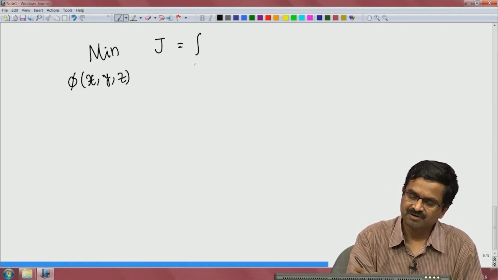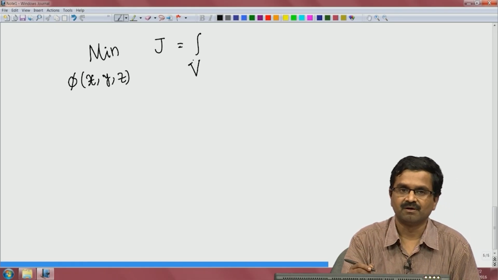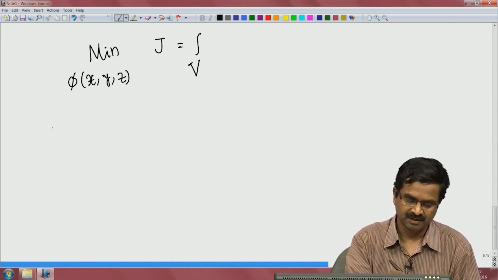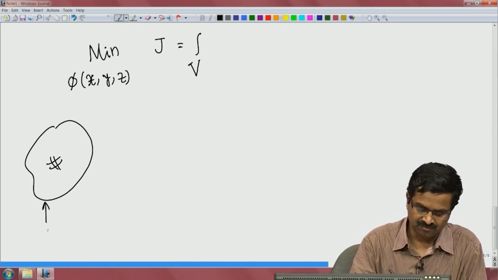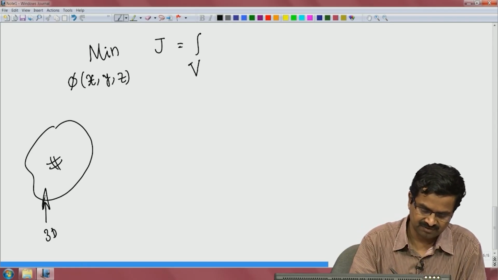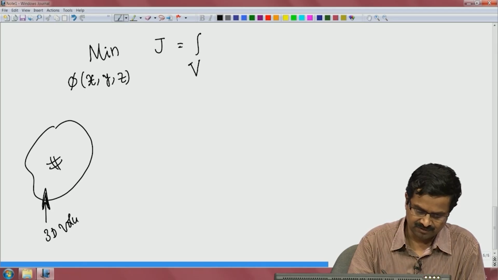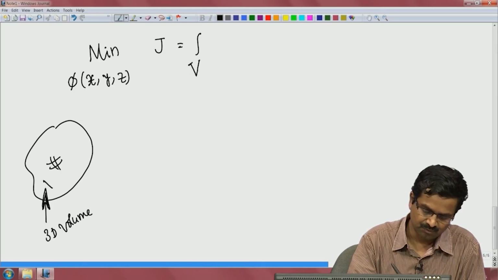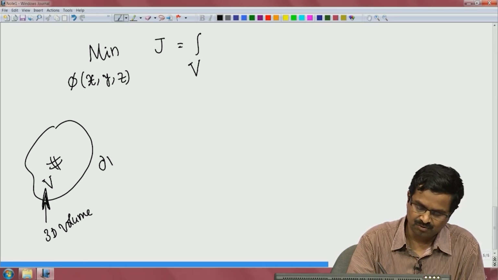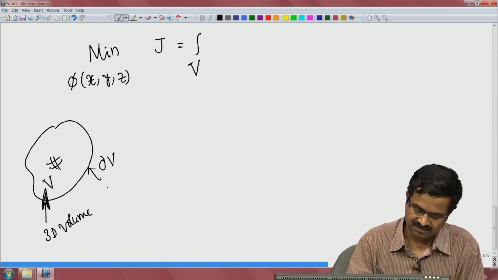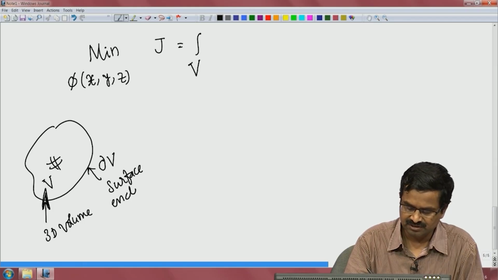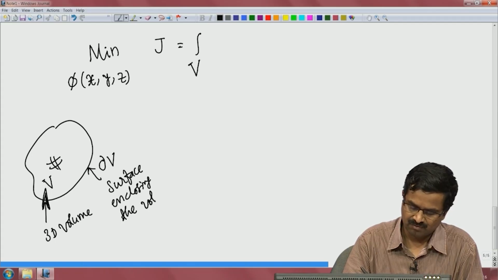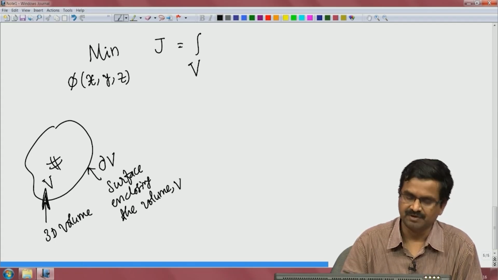Our integrand now will be over a 3D domain, which I will denote as volume V. When I put this, that means the inside part of it is the 3D volume, and that is V. If I show dou V, that is the boundary surface, the surface enclosing the volume V.